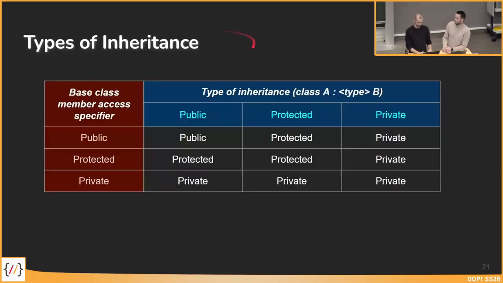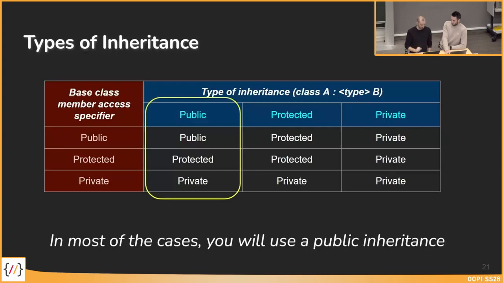So you always have class A, then this colon, and then a type, public, protected, or private, and then the base class here. And depending on what's here, you can access the specific areas in the base class in different ways.